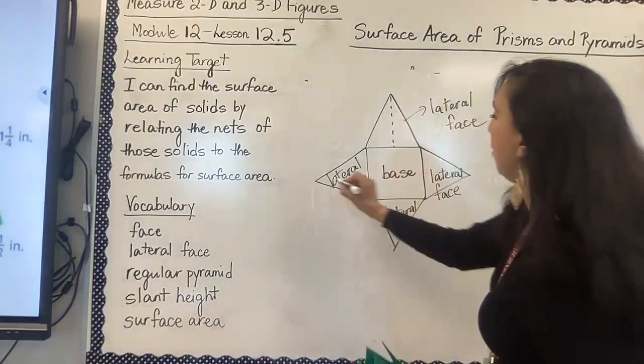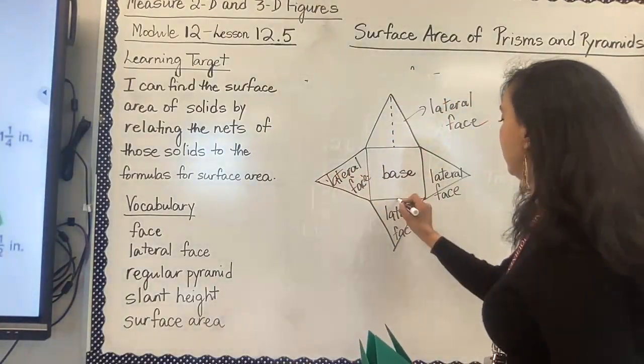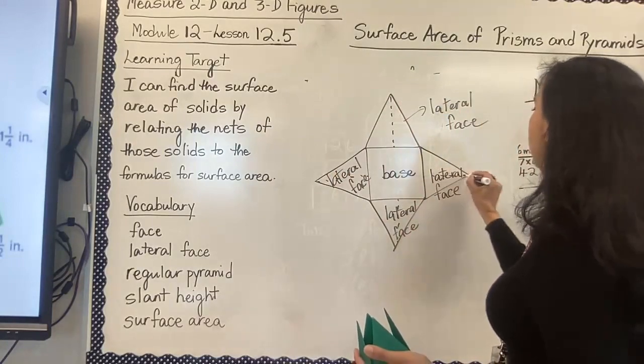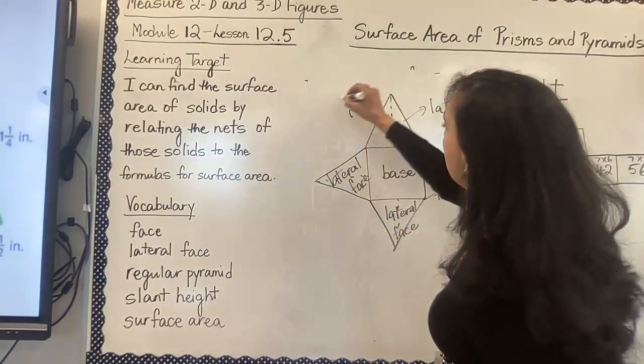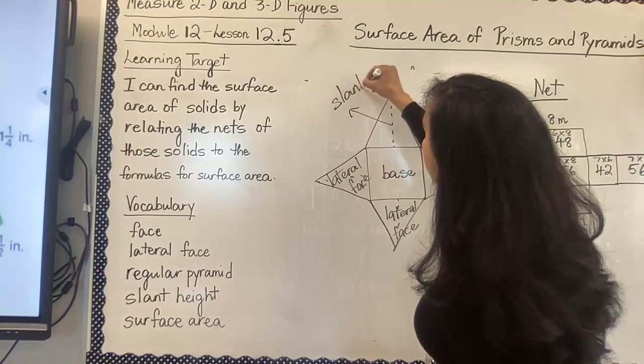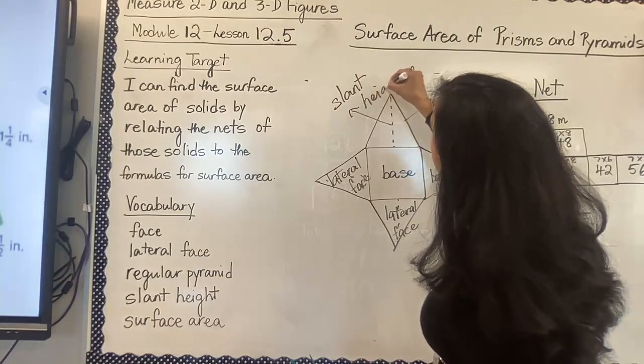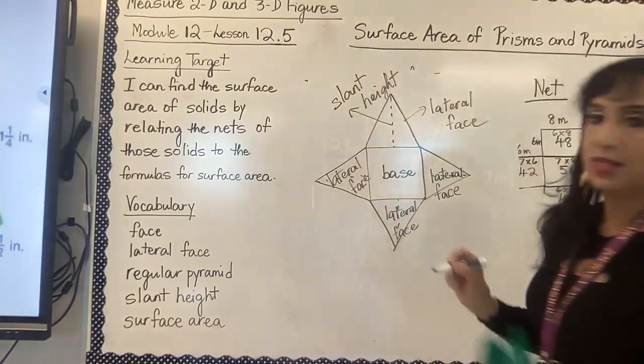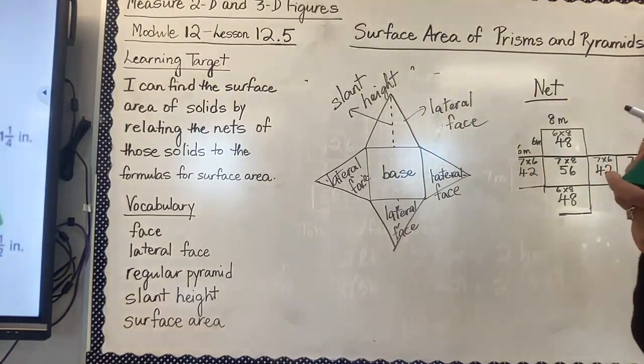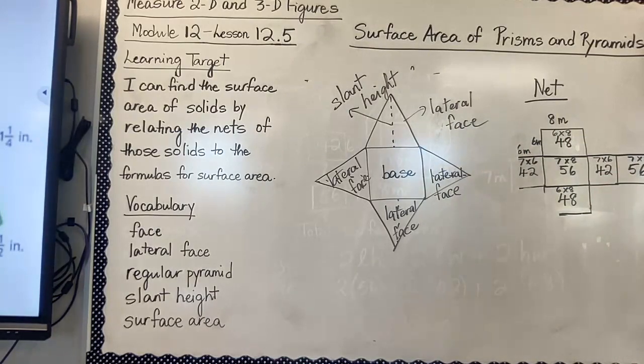This height, this height, this height, this is called the slant height. I just wanted you to have a comprehension of this before we start working on the surface area of a pyramid.